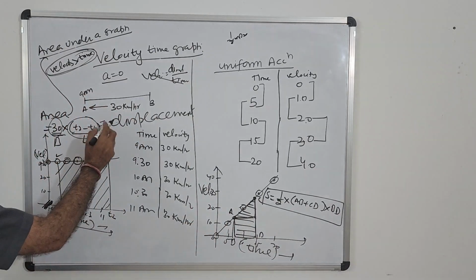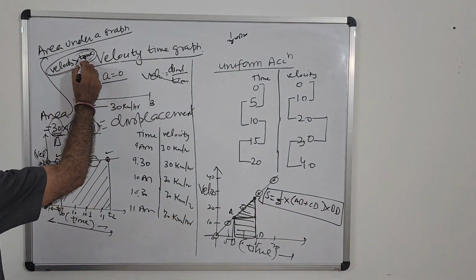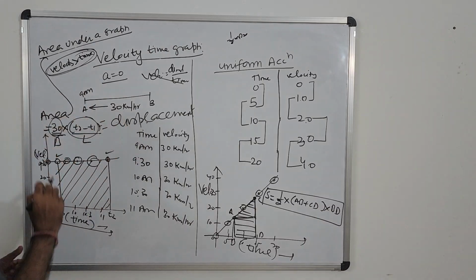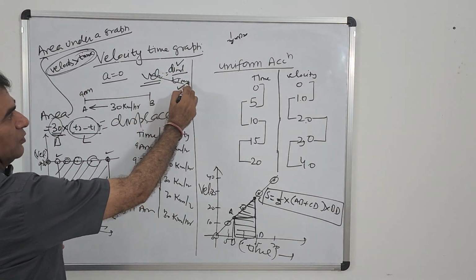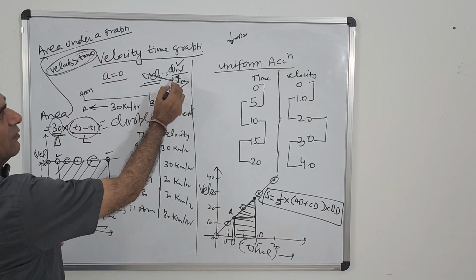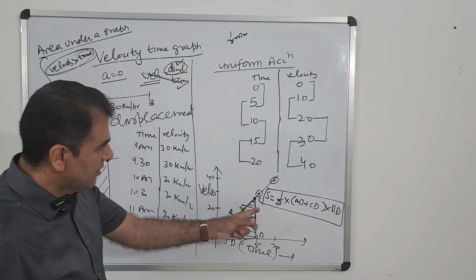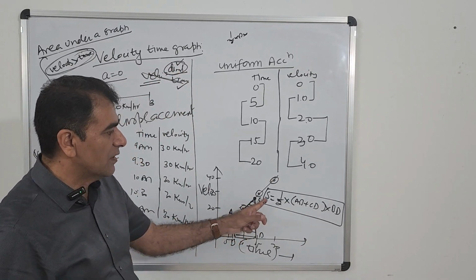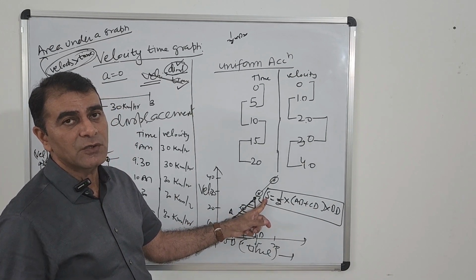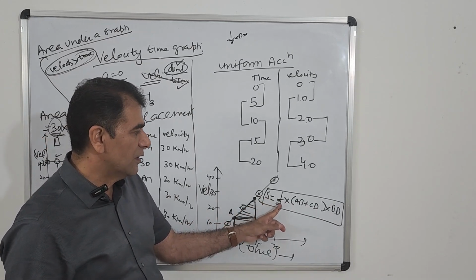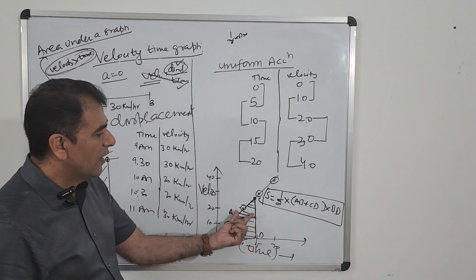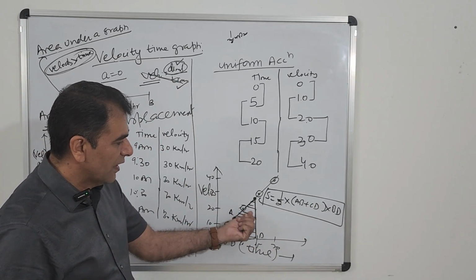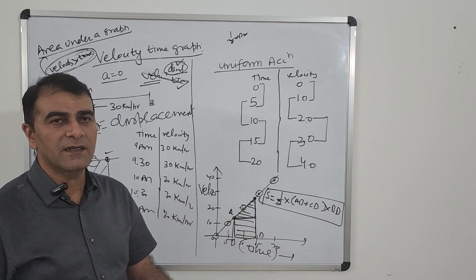But what is velocity into time? Displacement. How? Velocity is equal to displacement upon time. So velocity into time will be equal to displacement. So this area gives you nothing but displacement only, the magnitude of displacement. So displacement is equal to this much area. You can find the area of the trapezium, or by dividing this into a triangle and rectangle, you can find the area.